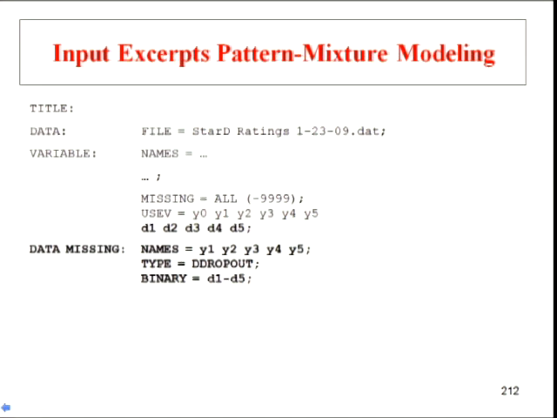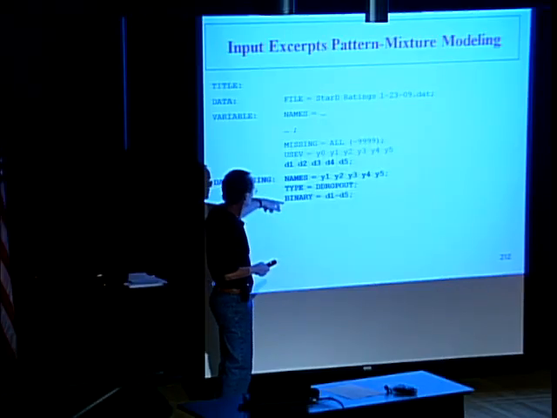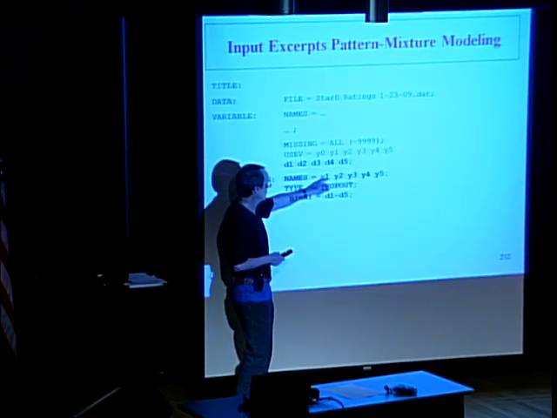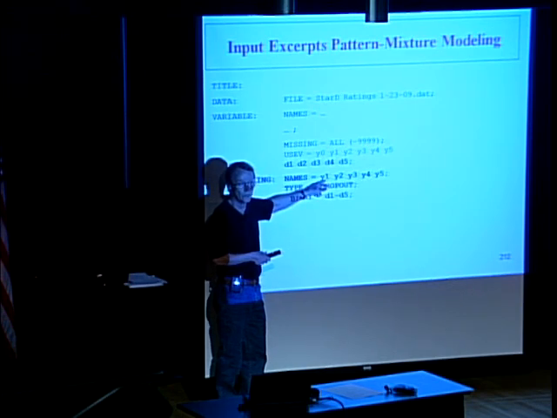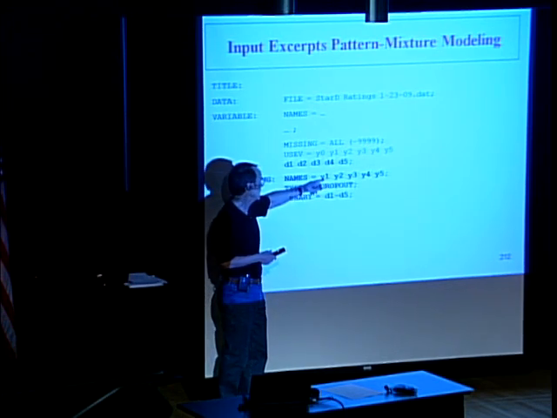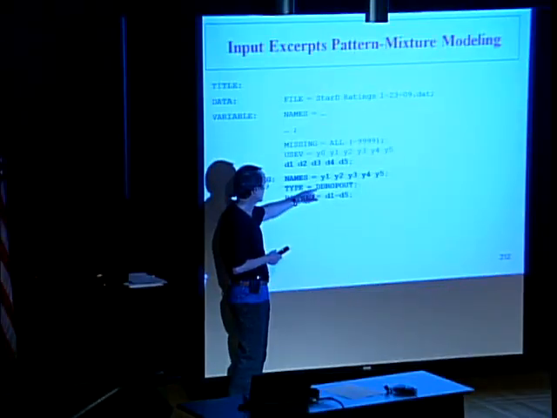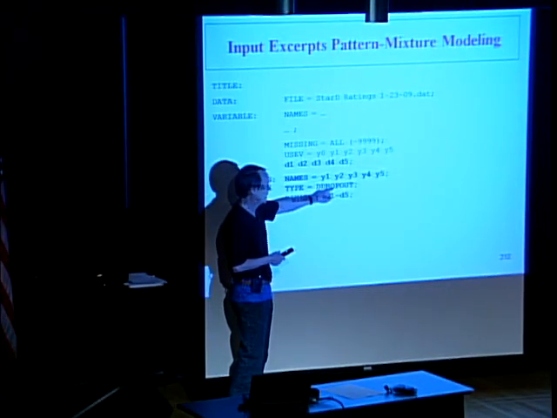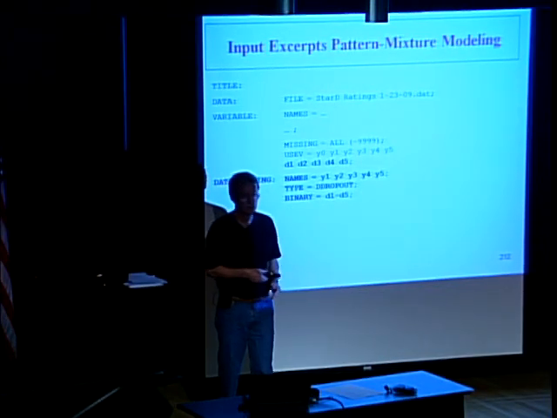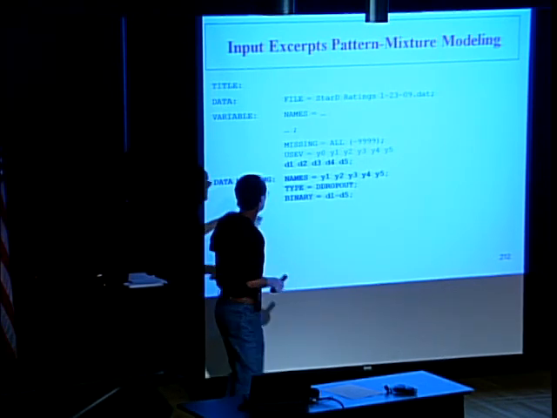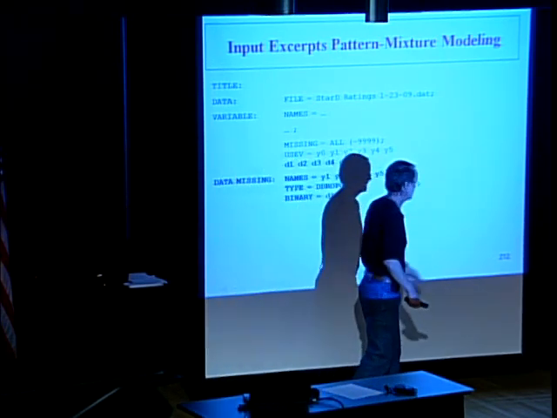We use the new version 6 feature of DATA MISSING, creating those binary variables automatically from the Y's, depending on whether and when they are missing, to create these dropout indicators in the dummy dropout version, as opposed to the survival, so the D dropout like that.